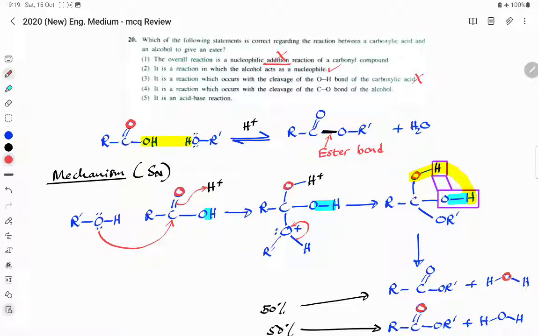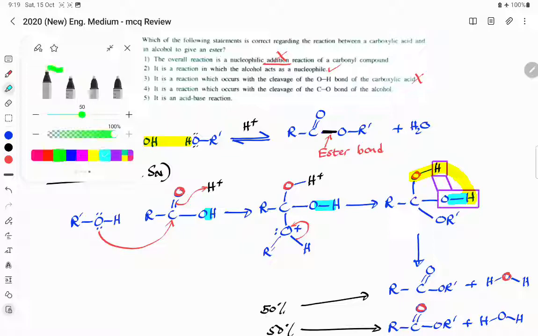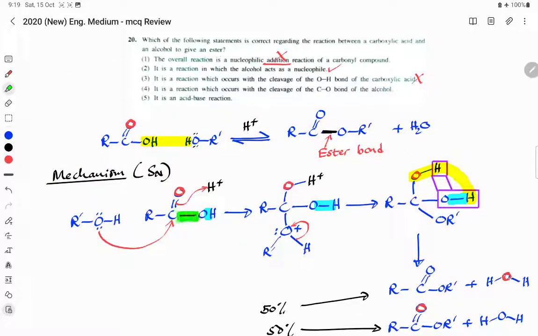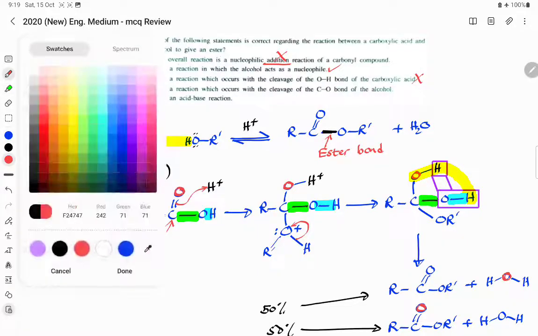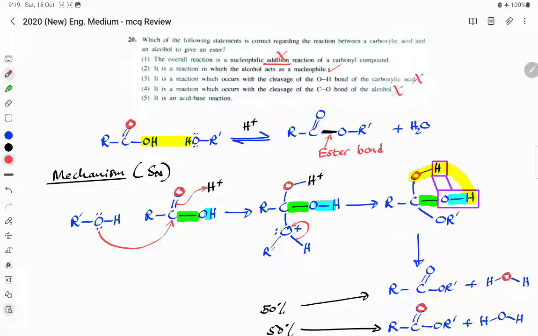Fourth statement, it is a reaction which occurs with the cleavage of the CO bond of the alcohol. The same argument goes with this statement as with the third one, because the CO bond is also broken only 50% of the time. This is the CO bond and it breaks only 50% of the time. Therefore, this statement is also incorrect.